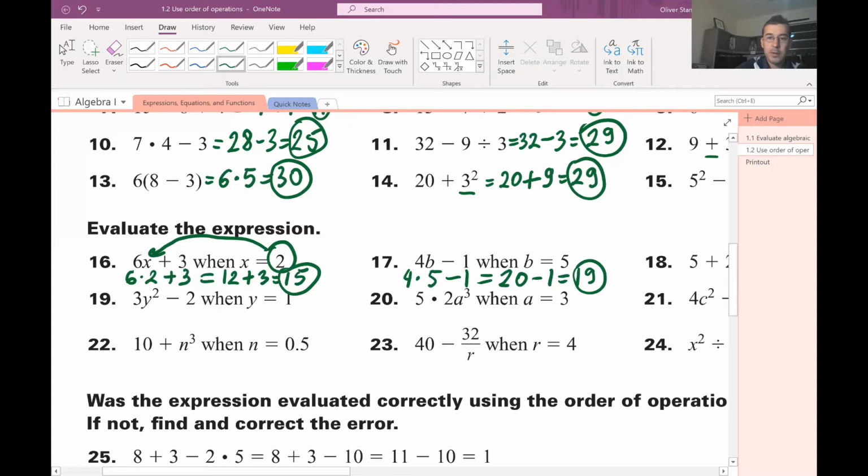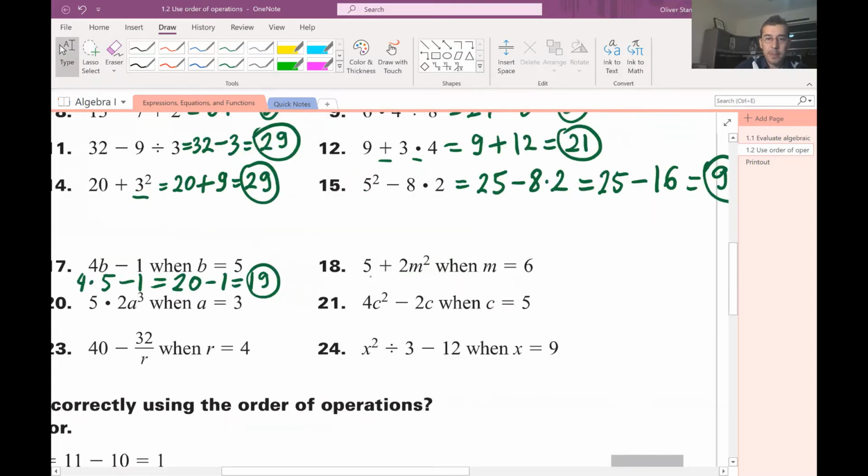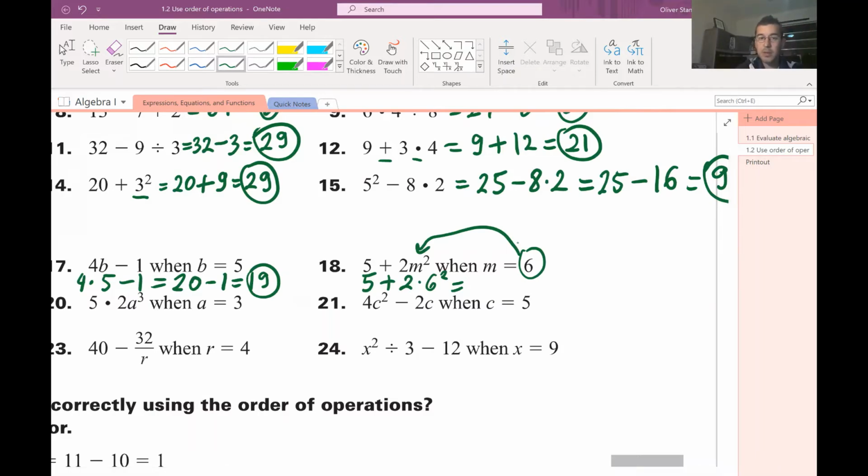Okay. 18. 5 plus 2 times m squared, where m is 6. We substitute 6 for m. So 5 plus 2 times 6 squared. Here we have addition, multiplication, and powers. Powers is the one that's being done first.